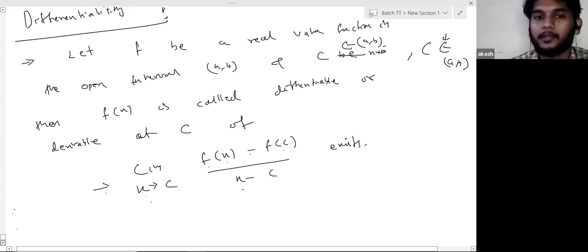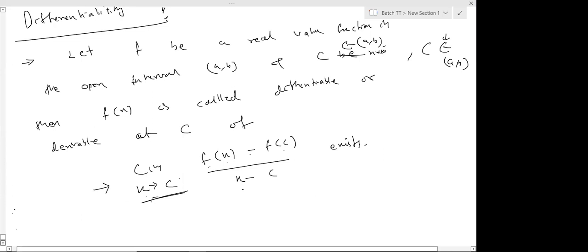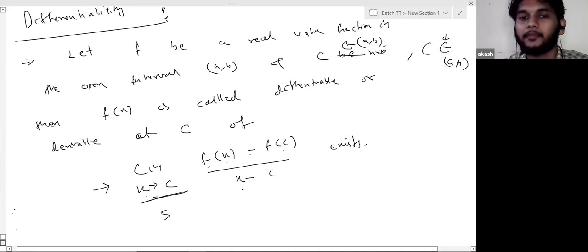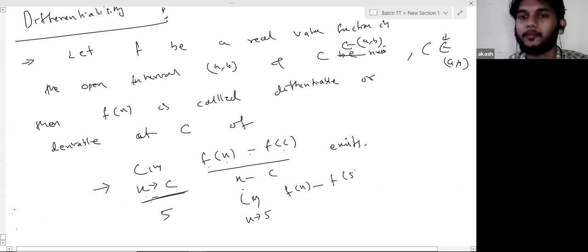So this limit, if it exists, that means LHL and RHL are equal, then we will say the function is differentiable at c. Very simple. If you have to find if a function is differentiable at 5, then what you have to do? Find the limit x tending to 5 of (f of x minus f of 5) upon (x minus 5).